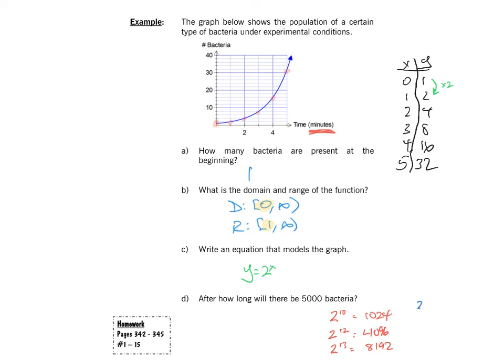So why don't we try 2 to the 12.2, just to see if we can figure out what this is going to be. So if you go to your calculator and you go 2 to the exponent 12.2, we're close. We are at 4,705. That's not quite there.